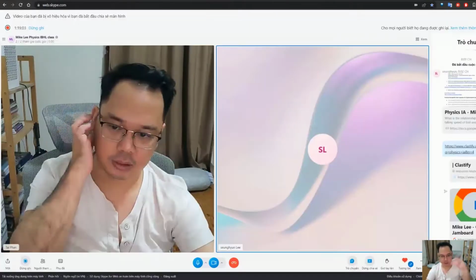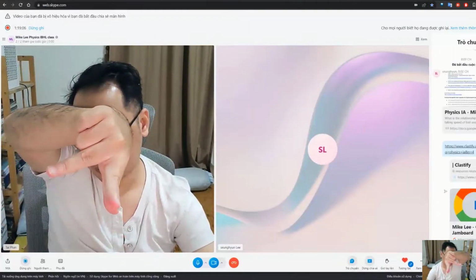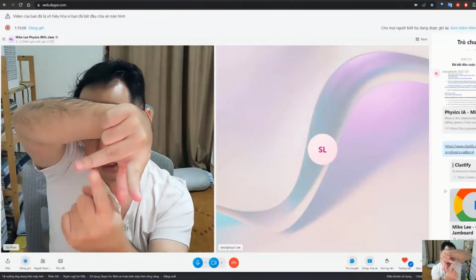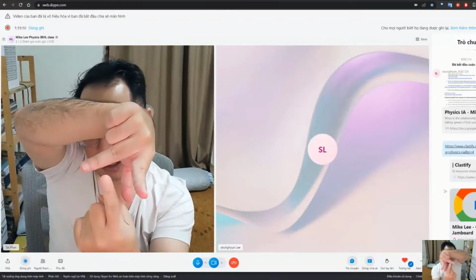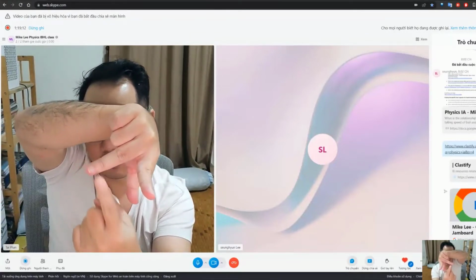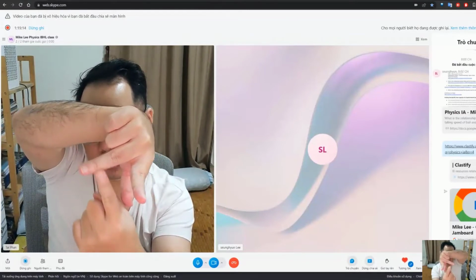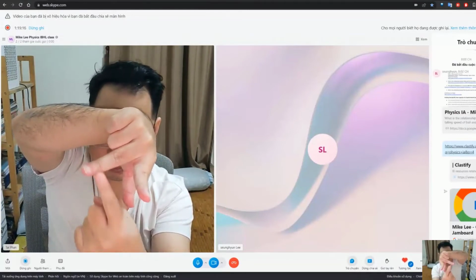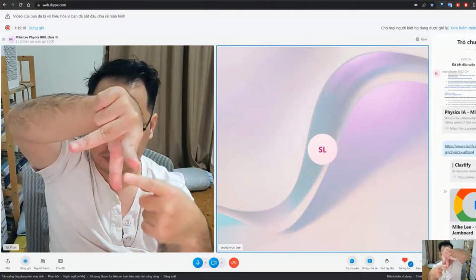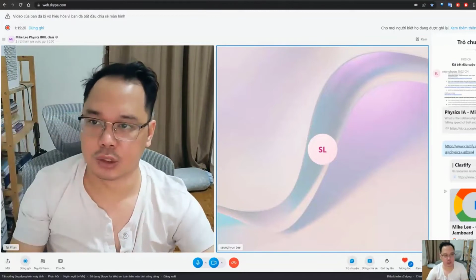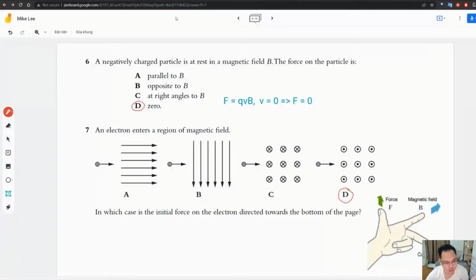Can you check that left-hand rule? Remember the middle finger indicates the direction of the current, which is opposite to the velocity of the electron, to the left. I thought it was into the... Into, yes. The field is into the page, which is case C. Oh, okay, I got it.